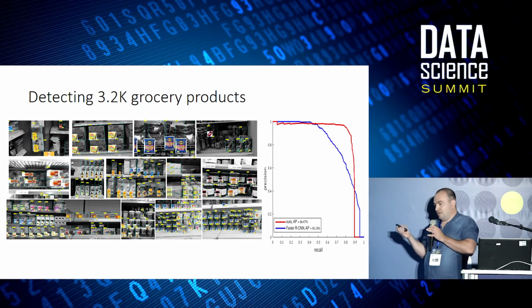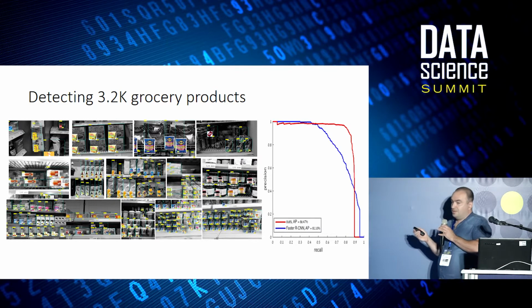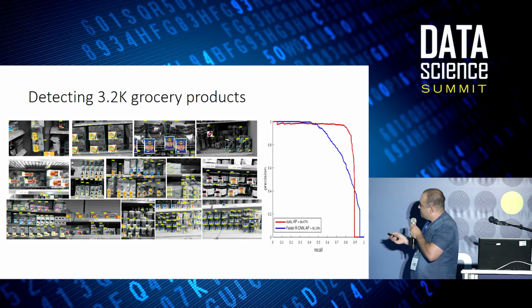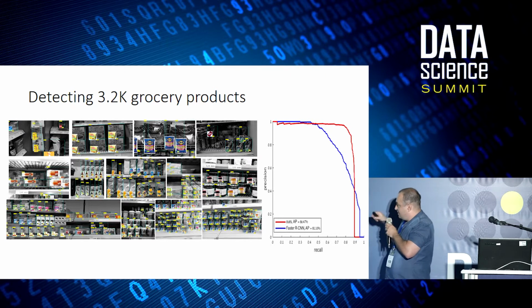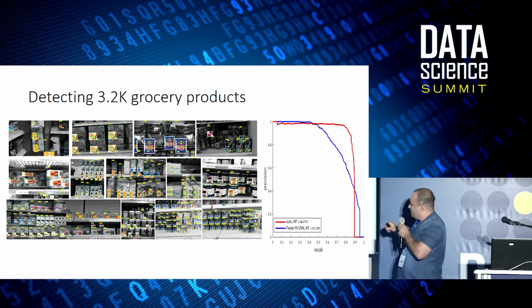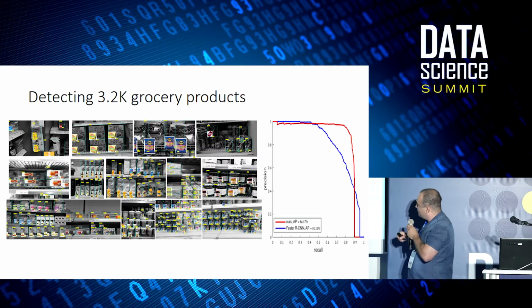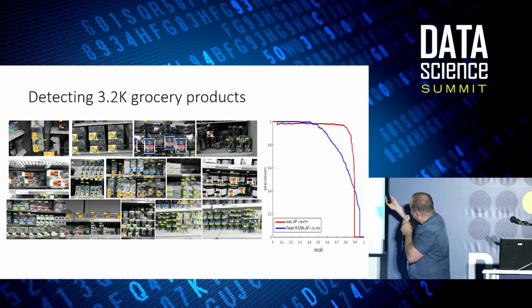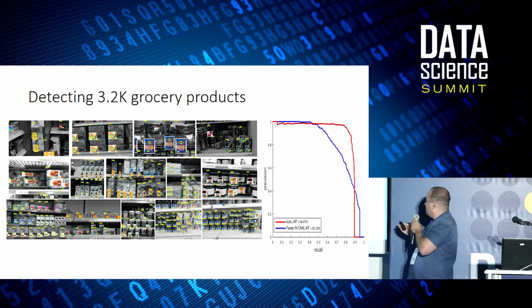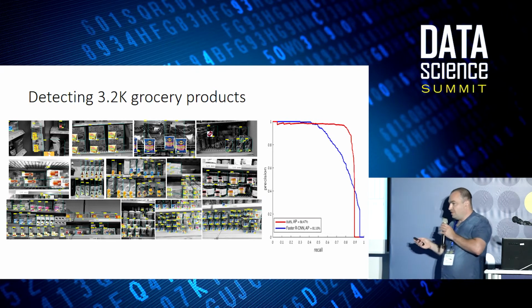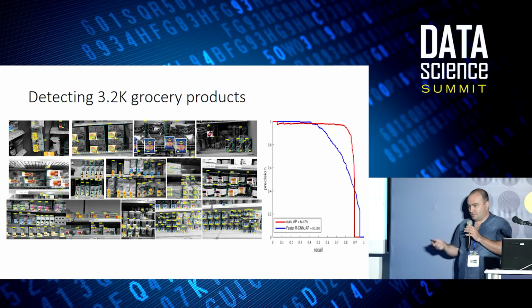You have hundreds of examples per category, so it's kind of okay. But you still see that using this fine-grained and particular method that tries to identify the right categories, not the general ones, it's much better. So you see the red line, it's our approach, and the blue line is a Faster R-CNN trained on this. And you have to believe me that synthesis doesn't help here. We tried to synthesize examples, and it doesn't help.